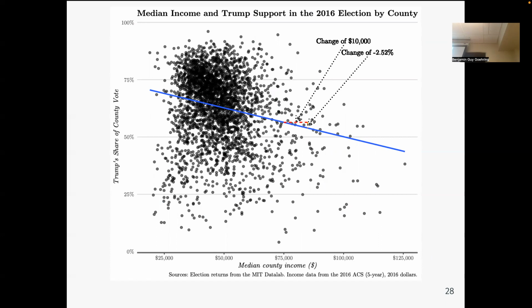We're moving from, what is that, $75,000 to $85,000. And then you see in orange right here, that is the resulting change in support for Trump when you increase $10,000. So it's negative, which means our line is decreasing, and then the magnitude is going to be captured by 2.52.